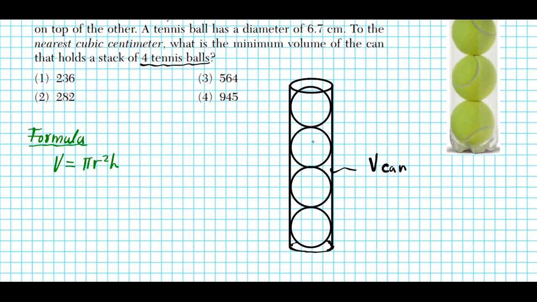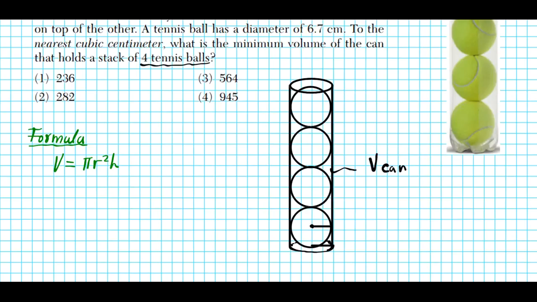We can basically use the dimensions of the tennis balls to determine the radius and the height of the cylinder or the can because it's packed so tightly. Okay, so it's packed in such a way that the radius of one tennis ball is exactly the same as the radius of the cylinder.